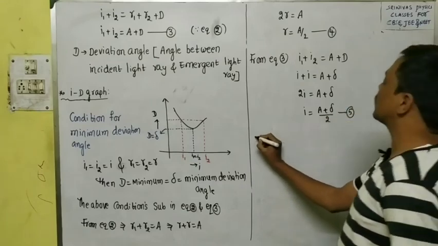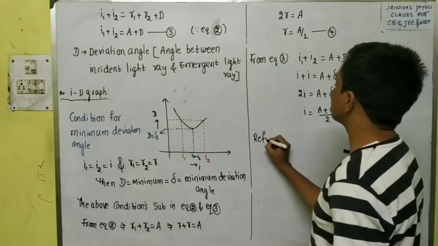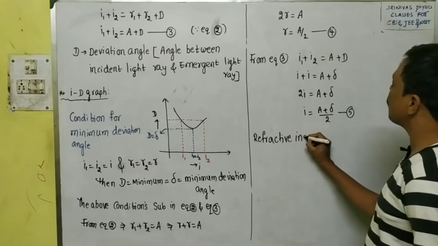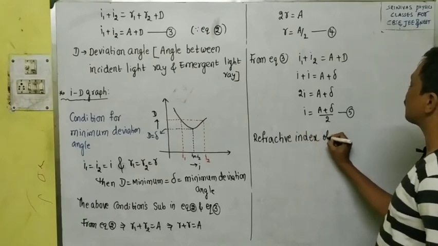I want the refractive index of the prism. How do we write the refractive index of the prism?